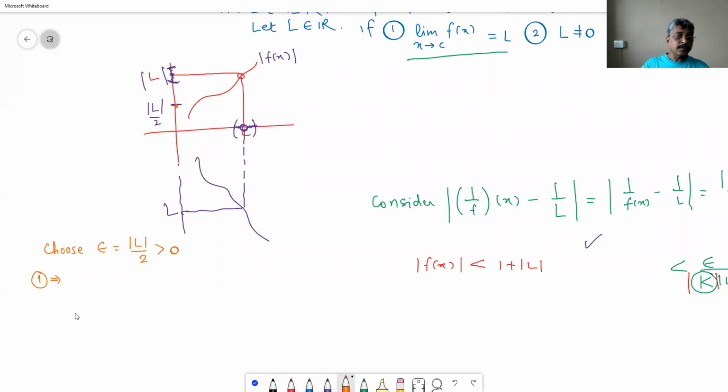Then your statement which is given to you here, 1, implies, what does 1 tell you? That there exists a delta 1 greater than 0, such that for every x belonging to the deleted delta 1 neighborhood of c intersection A. At the moment we will consider this as A. However, we have to discuss this A, because there will be a few points from A which need to be removed whenever the value of f becomes 0.